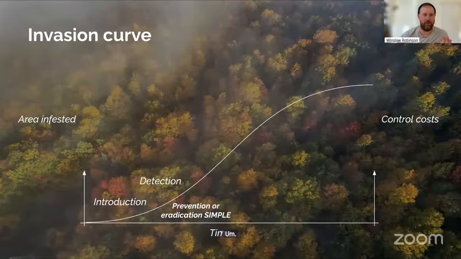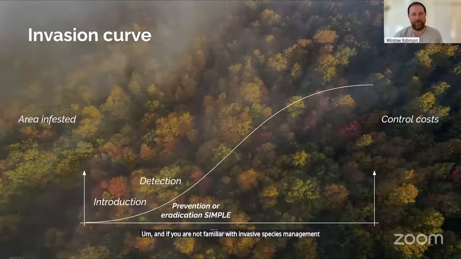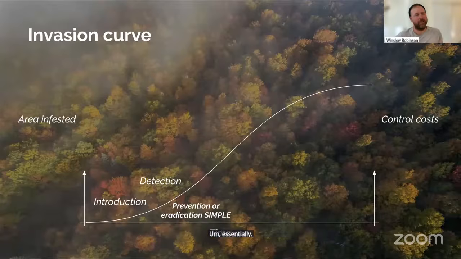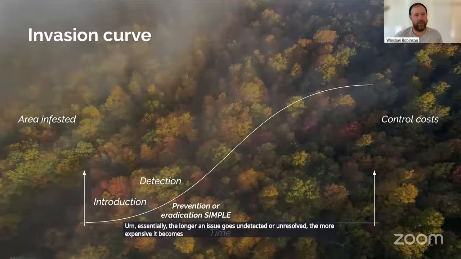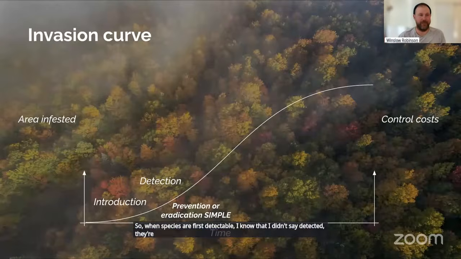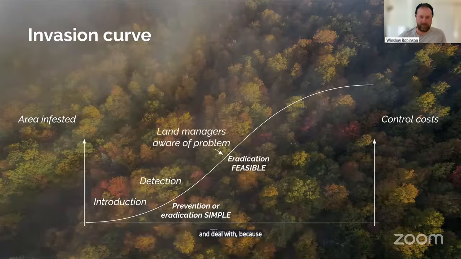And if you are not familiar with invasive species management, I'll give you the 30-second TLDR. Essentially, the longer an issue goes undetected or unresolved, the more expensive it becomes, right? So when species are first detectable, and note that I didn't say detected, they're inexpensive and easier to control and deal with because their populations are small.